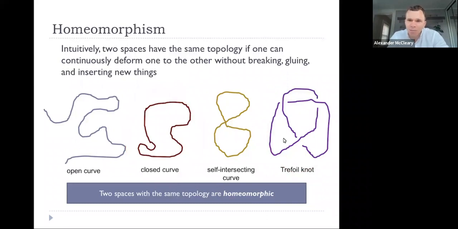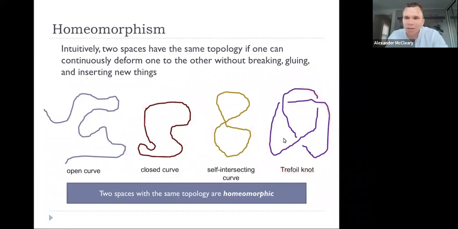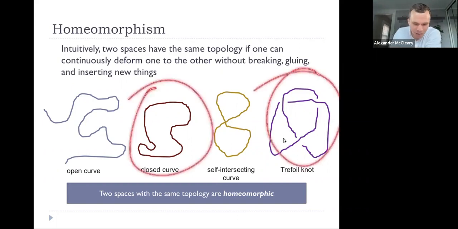This is somewhat surprising because if you start with this, there's no way to continuously turn this into this, at least if you're working inside of a space. The reason is that this is all knotted up and you can't untie it. You can't break the loop. So you can't actually continuously turn this into this.